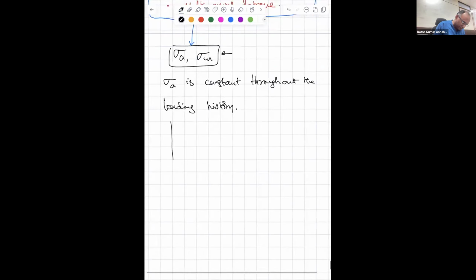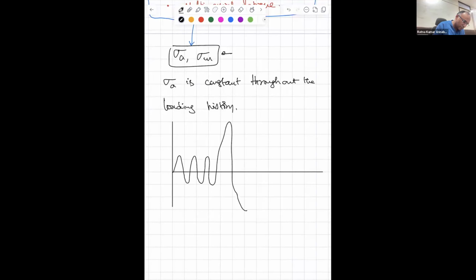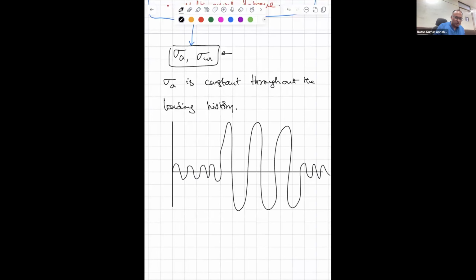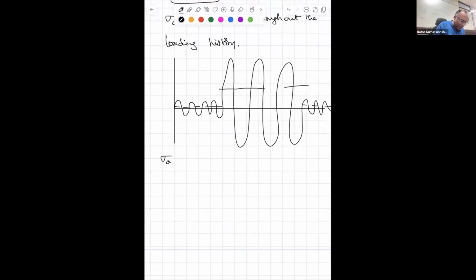But in reality, sometimes the machine components are subjected to this kind of loading. Here the stress amplitude is something, here the stress amplitude is something else, and here it is something else. That means sigma A can be varying, and sigma M as a result also varies.